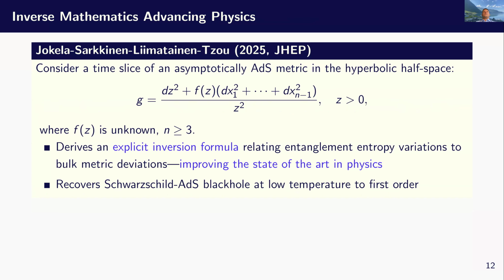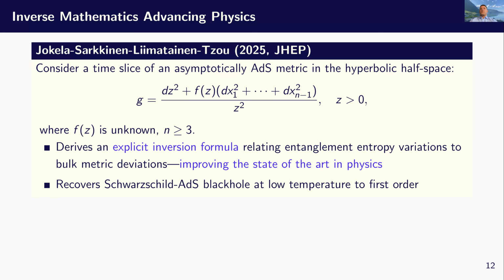Let me also shortly mention this paper by the physicist Niko Jokela, Miika Sarkkinen, who is an ex-physicist, nowadays a mathematician, me and Leo Zhou, and this was published in a physics journal, the Journal of High Energy Physics. And there we studied a time slice of asymptotically de Sitter space-time metrics in hyperbolic half spaces. So the metric form is given here, and the unknown is this f.